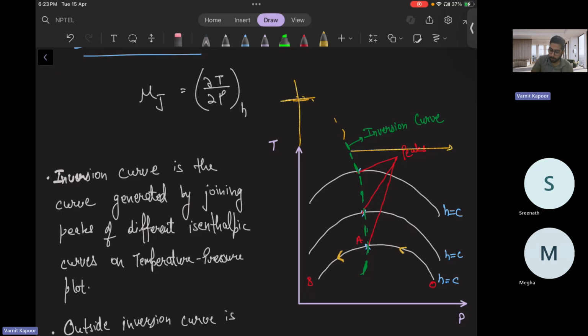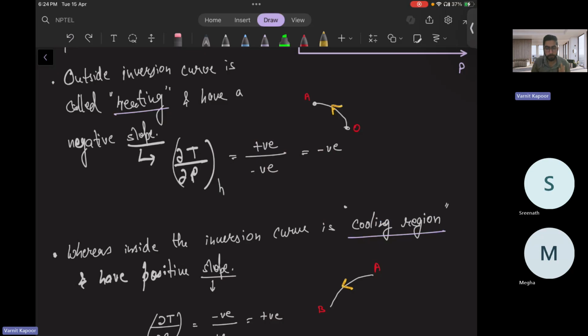If your temperature falls inside the region and below this maximum, then you can use that refrigerant, because refrigerants are always used for cooling purposes. I hope the inversion curve concept is now crystal clear.